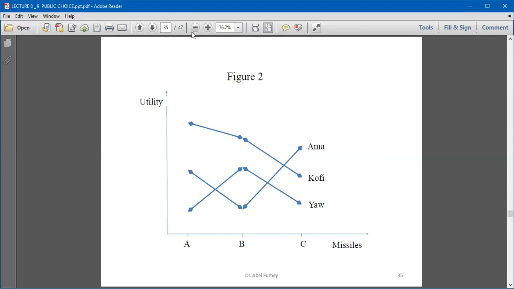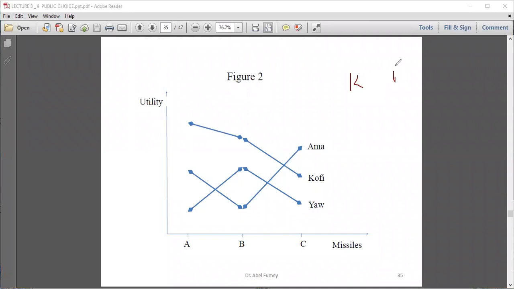All right, so this is for Kofi, this is for Ama, this is for Yao. Kofi's preference was A, B, C. Amma's was C, A, and then B. And for Yao, it was B, C, and then A.